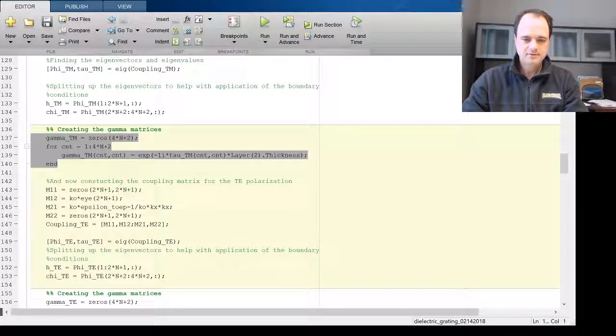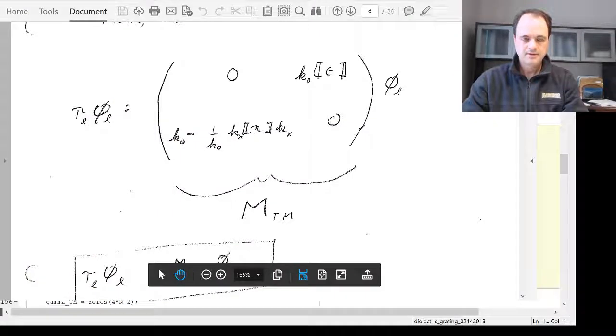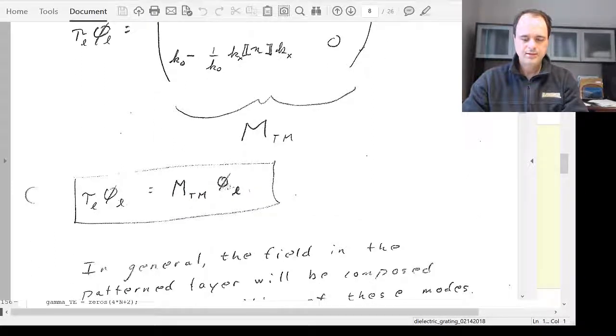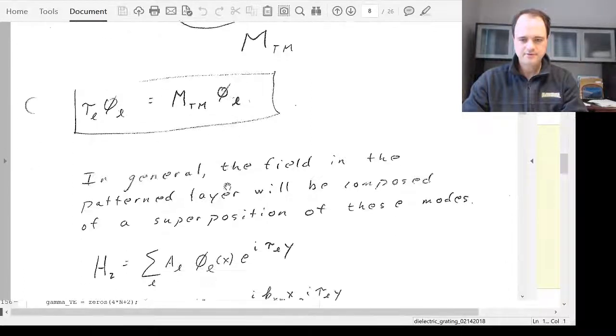So then I have, switching back to the notes, M. I then will have solved for my eigenvalues and my eigenvectors.